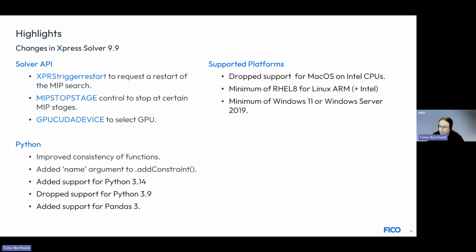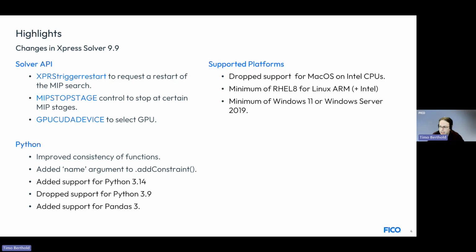And I would like to highlight here, because we won't mention this later in the talk, that there have been some changes in the supported platforms with Xpress 9.9. Most specifically, we are finally dropping support for macOS on Intel CPUs. It's been some time now since Apple switched from Intel CPUs to their own ARM-based Apple Silicon platform. So in Xpress 9.9, there will not be a version for macOS on Intel.